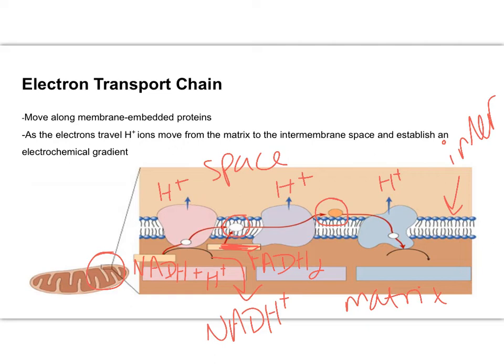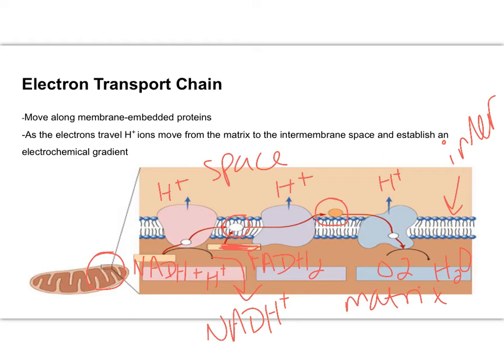they're being passed down. And these electrons are being pulled down this electron transport chain because you have oxygen waiting at the end. And the oxygen that's waiting at the end, okay, is going to grab a hold. It's very electronegative. It's going to pull those electrons toward it.